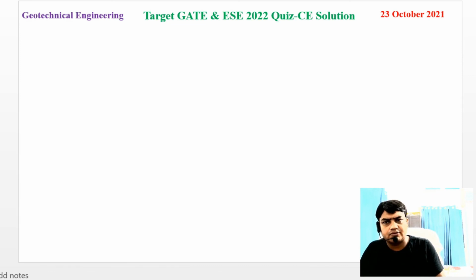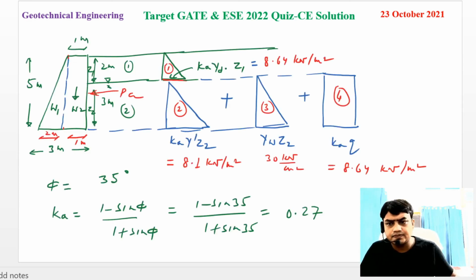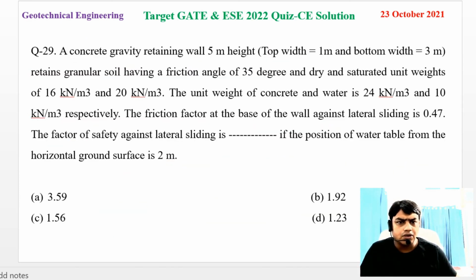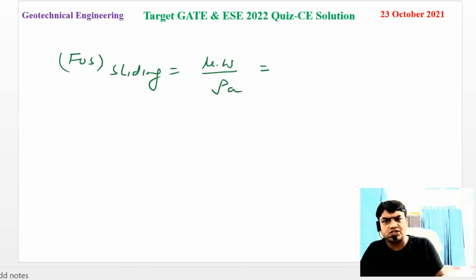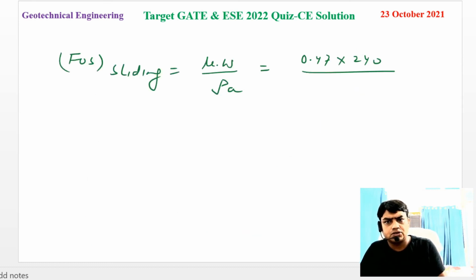So the factor of safety against sliding is mu into W divided by PA. The coefficient of friction is given, that is the friction factor at the base of the wall against lateral sliding is 0.47. So 0.47 into 240 divided by the total active thrust, 91.7.